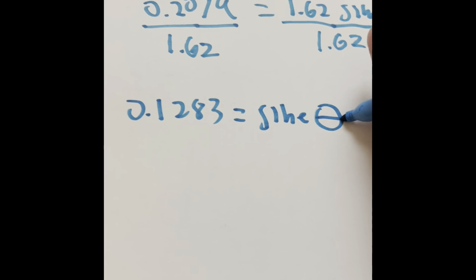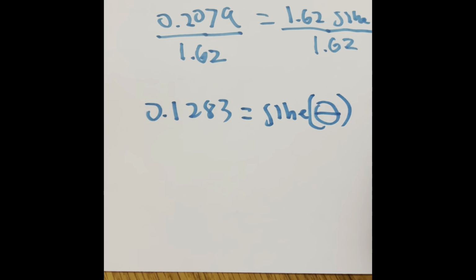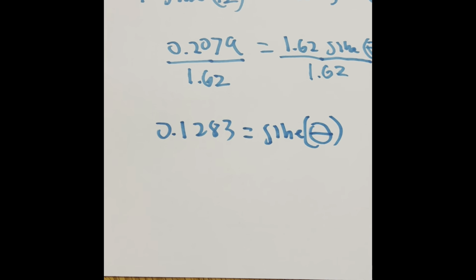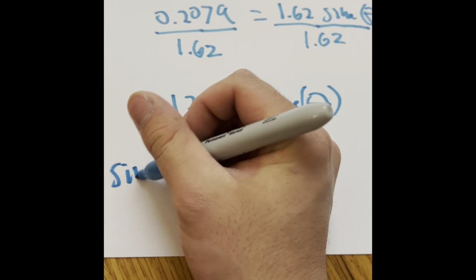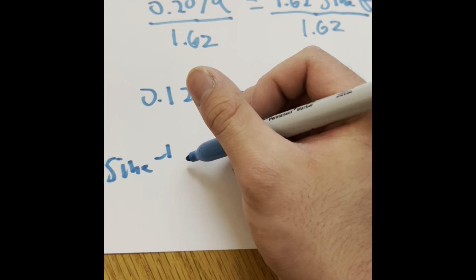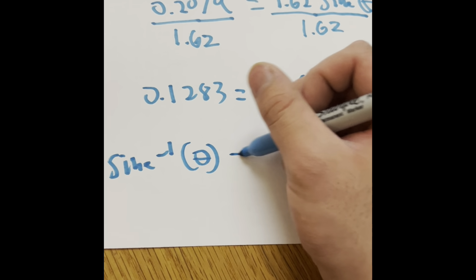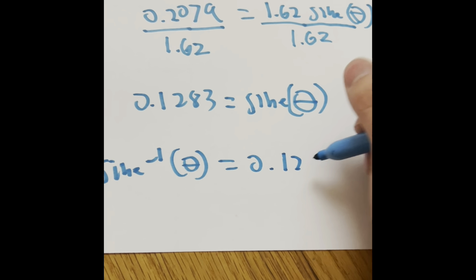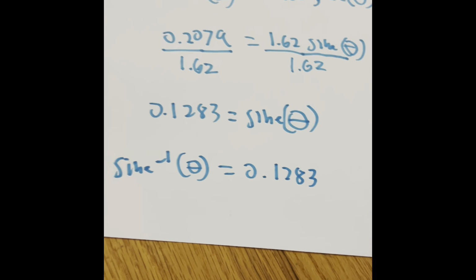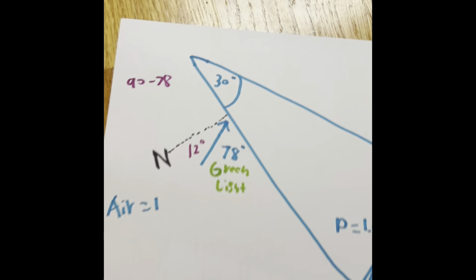But sometimes there are problems where we have to go a little bit further. We have to find the inverse sine, the sine to the power of -1, an opposite trigonometric function, and that's going to equal 0.1283. That's going to determine the angle of refraction into the prism. What's going to happen? Let's find out.